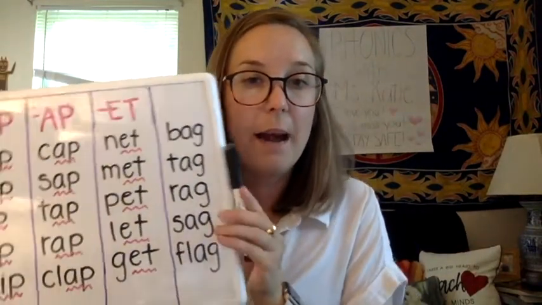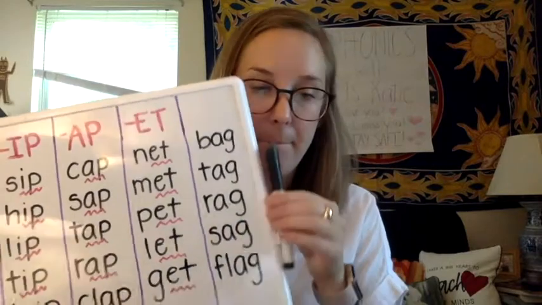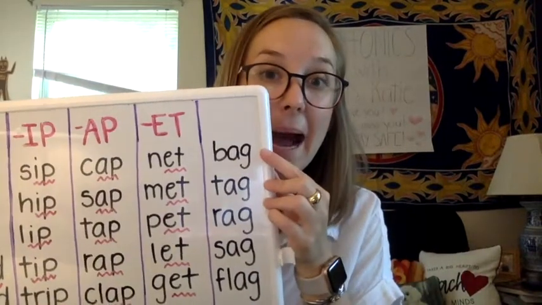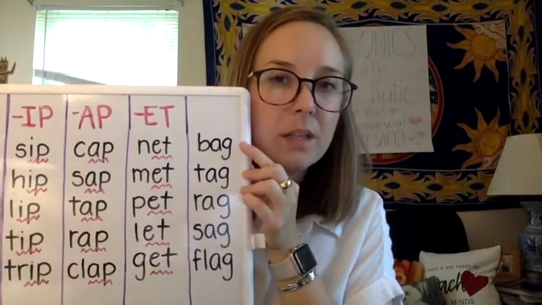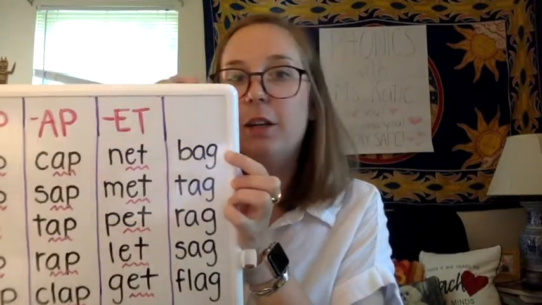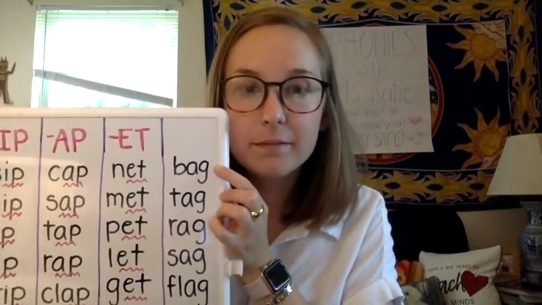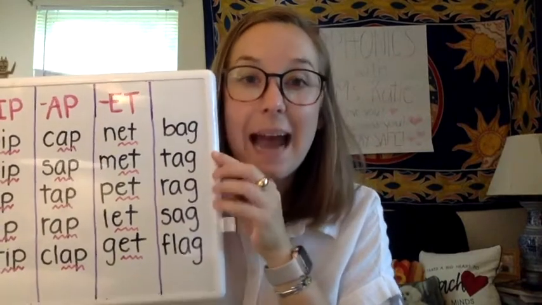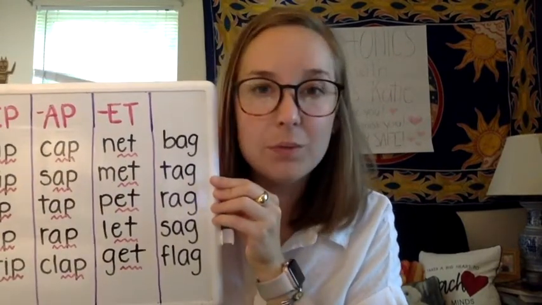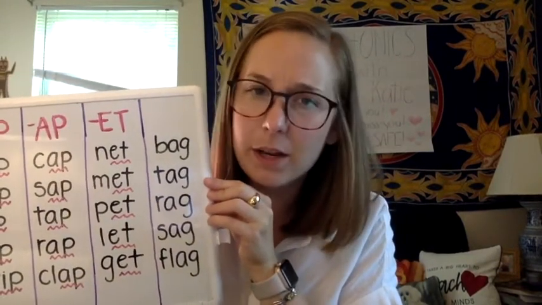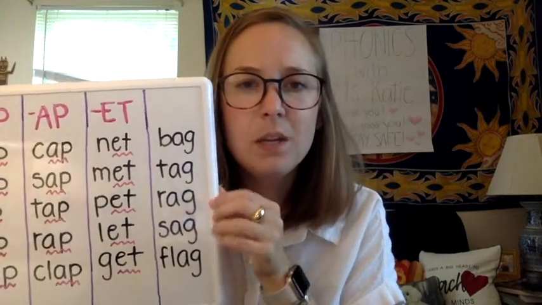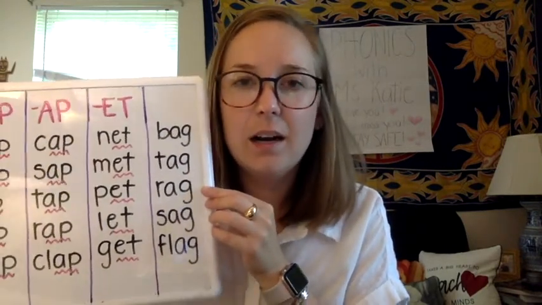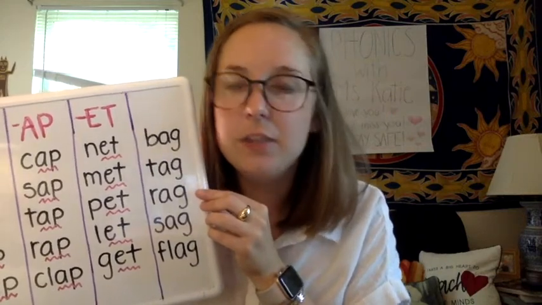So we are going to look at, we have bag. It's important that you don't forget your book bag at school. We have tag. I love to play tag with my friends at recess. I miss playing tag with my friends at recess. We have rag. It's okay that you spilled your milk.